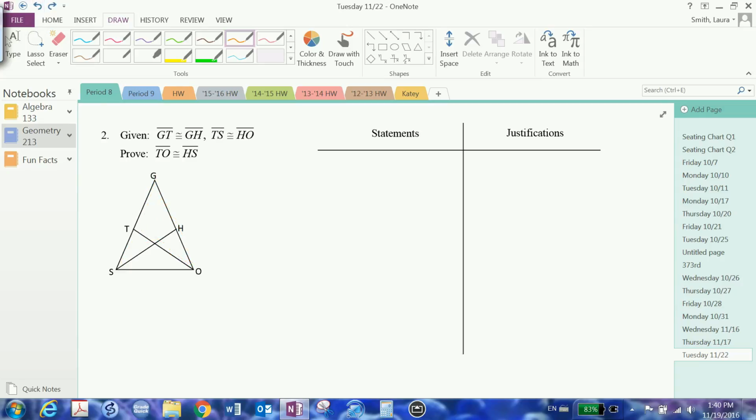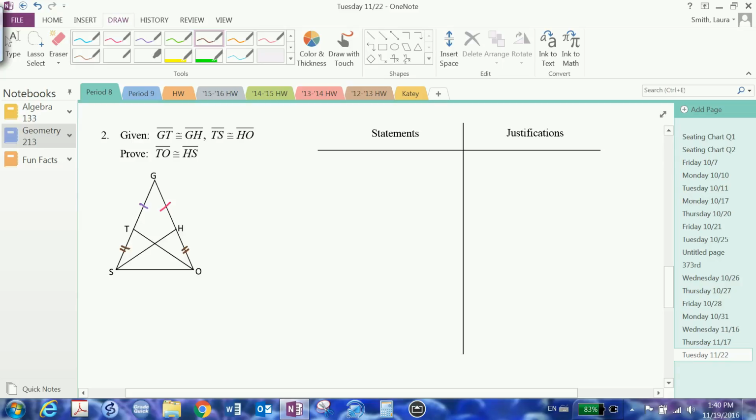So let's see what we're given. Let's start with that. We're given that GT is congruent to GH. And we're given that TS is congruent to HO.